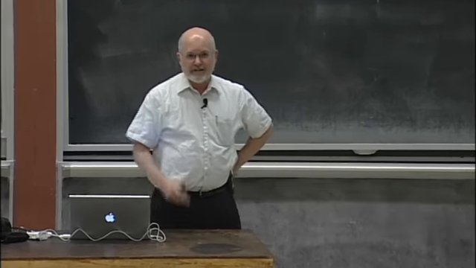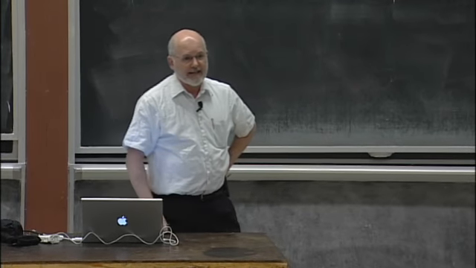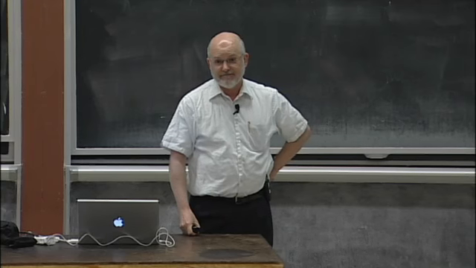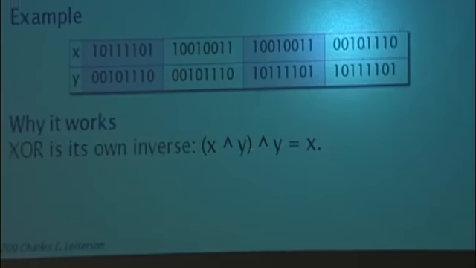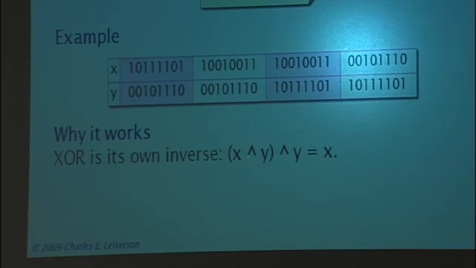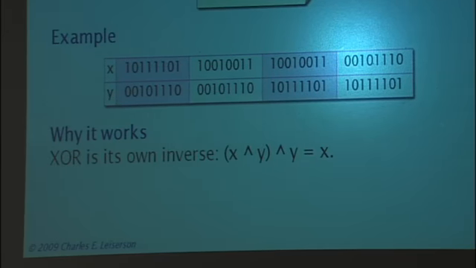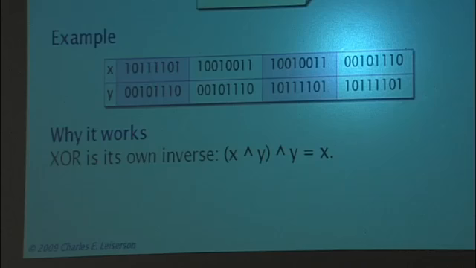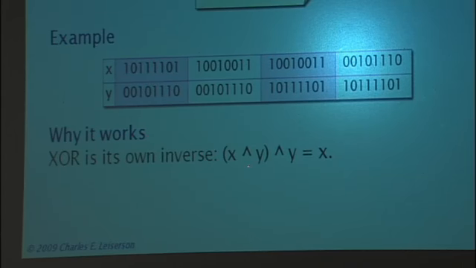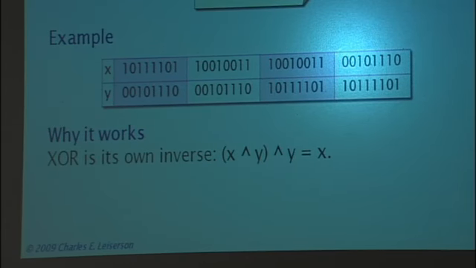The reason this works is a great property of XOR: it's its own inverse. So if you take x exclusive OR y, and you exclusive OR that with y, you get x. If you were to exclusive OR that with x, you would get y.